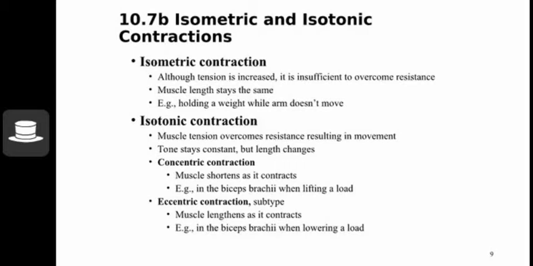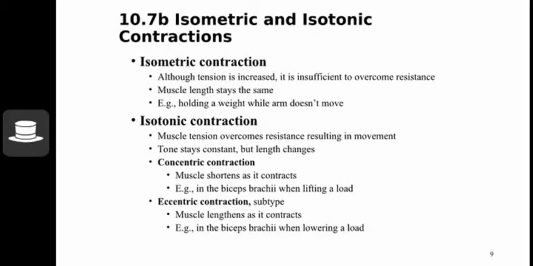So I want you to imagine you've got a hold of a 20-pound hand weight, dumbbell I guess, and you're applying 19 pounds of force. That's not enough to move the load. The resistance is 20 pounds, you're only applying 19. Now, your muscle is still contracted. So this is an isometric contraction at this point in time. Now, as soon as you increase the tension a little bit and meet that resistance, then the load starts to move because the muscle is going to get shorter.